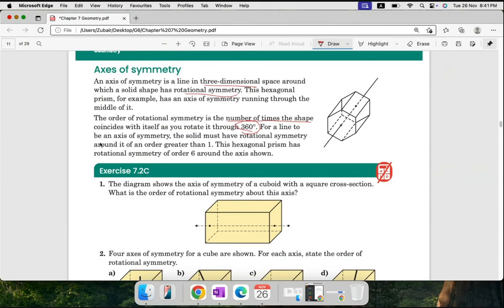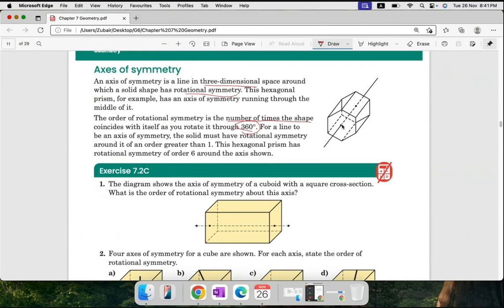For a line to be an axis of symmetry, the solid must have rotational symmetry around it of an order greater than 1.